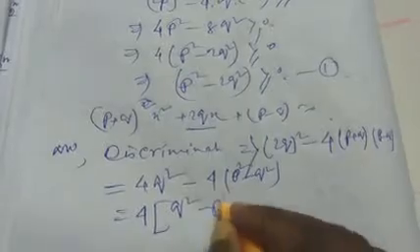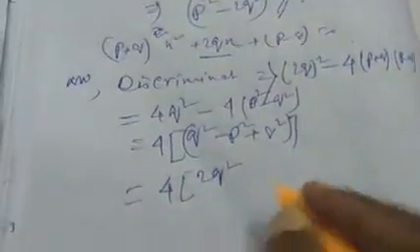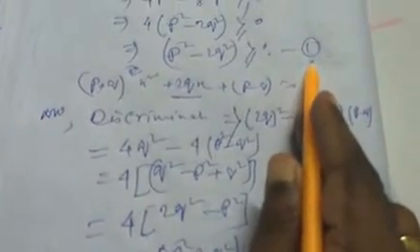This is equal to 4q square minus 4p square minus q square, and taking 4 common, q square minus p square plus q square. That is equal to 4 times 2q square minus p square, taking common minus. Why would I take common minus from this bracket? We have to follow always the condition number 1.